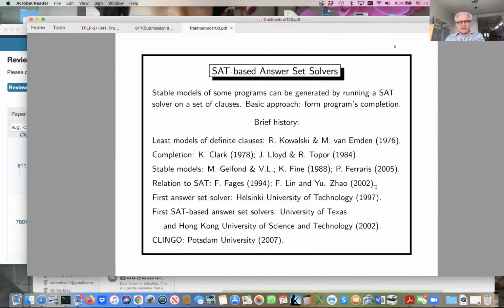The first answer set solver was created in Finland in 1997. The first SAT-based solvers in the US and in China in 2002. And my favorite solver, Clingo, that I mentioned before, in Germany in 2007.